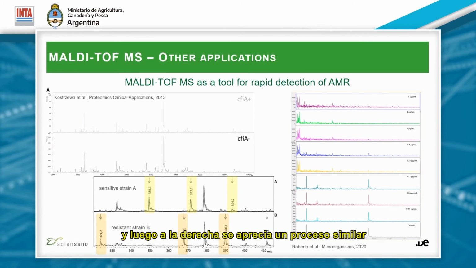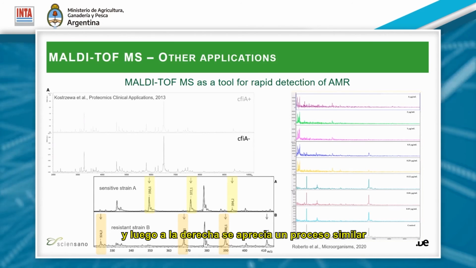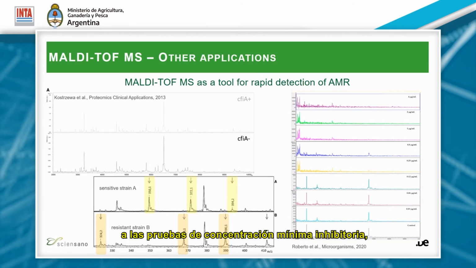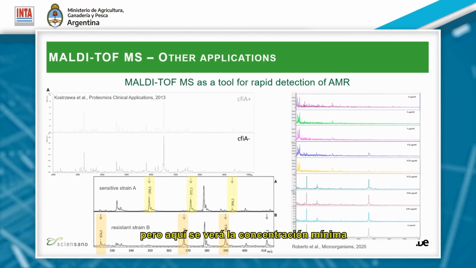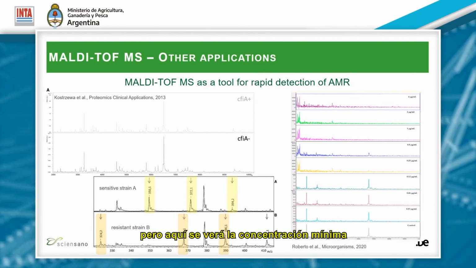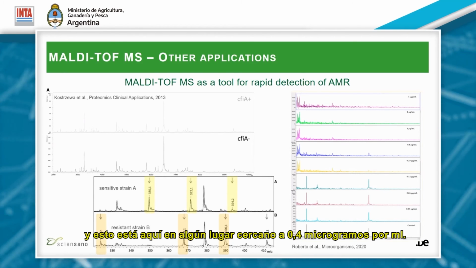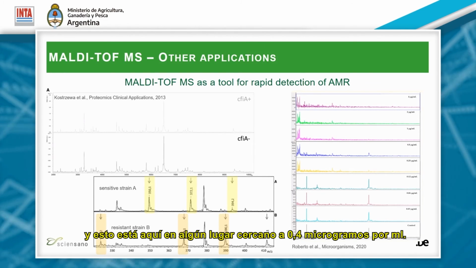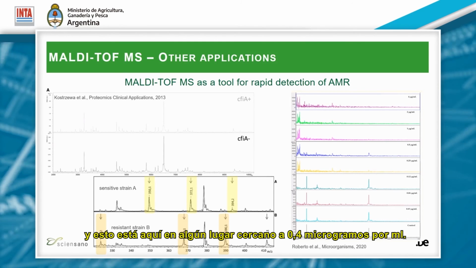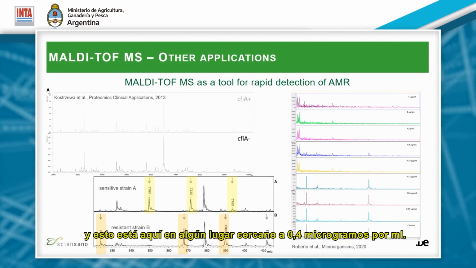And then on the right, you have a process that is similar to minimal inhibitory concentration tests, but here you look at the minimal concentration at which the mass spectra will change. And this is here somewhere near 0.5 micrograms per milliliter.